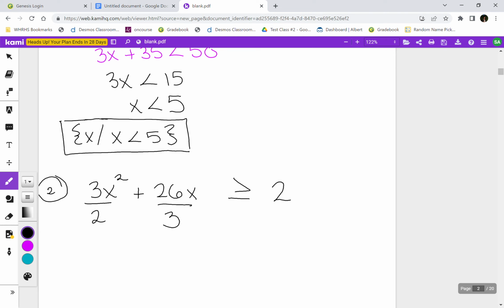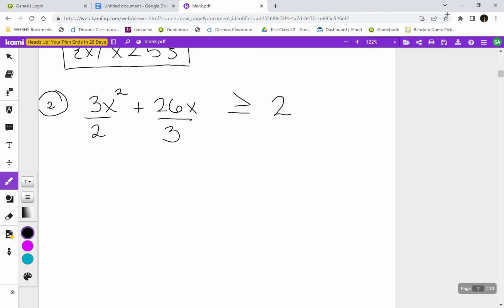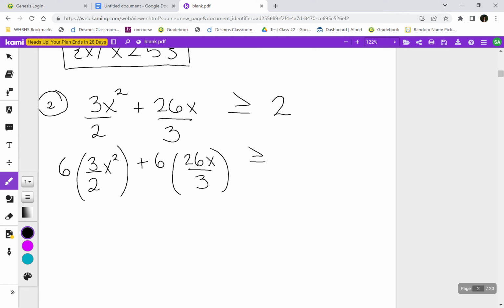We're going to approach it like we would an equation. We're going to eliminate the denominator, and we're going to do that by multiplying everything by what? 6. So we have 6 times 3 halves x squared plus 6 times 26x over 3 is greater than or equal to 6 times 2.